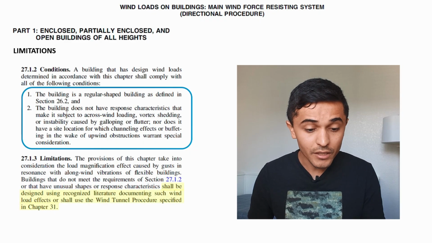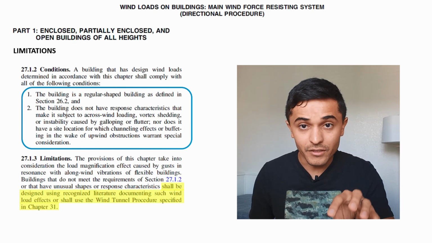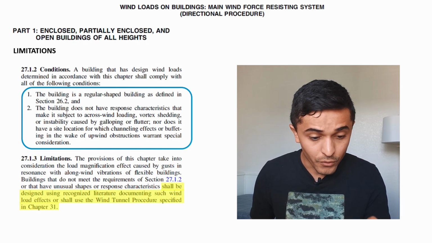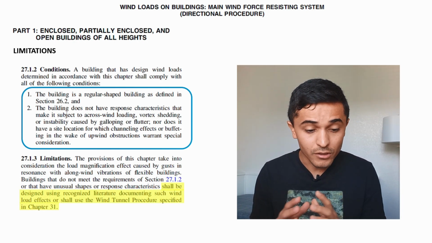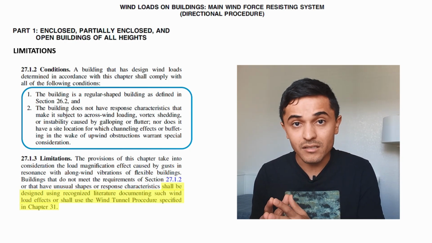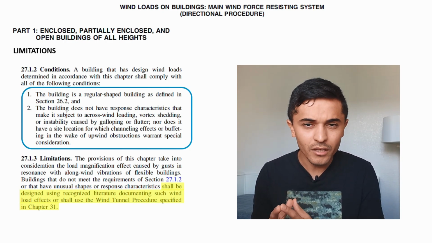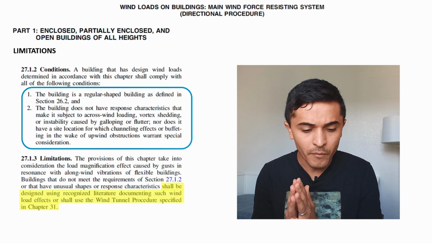It's a little bit confusing to understand what these things actually mean, and you see here that if you have these response characteristics, you have to either account for these loads using recognized literature, and there is some language in the commentary and I think some equations that you can potentially use, or you can do a wind tunnel procedure, in which case they simulate the actual building and they essentially do a wind tunnel test.